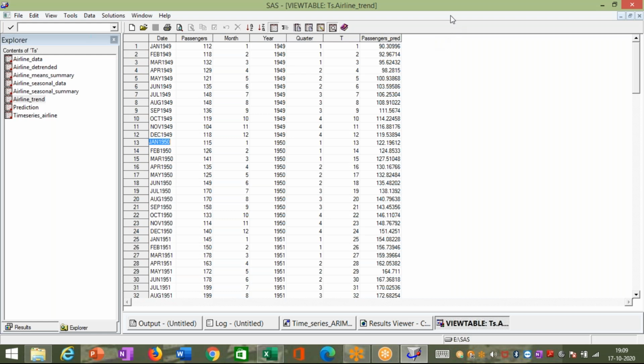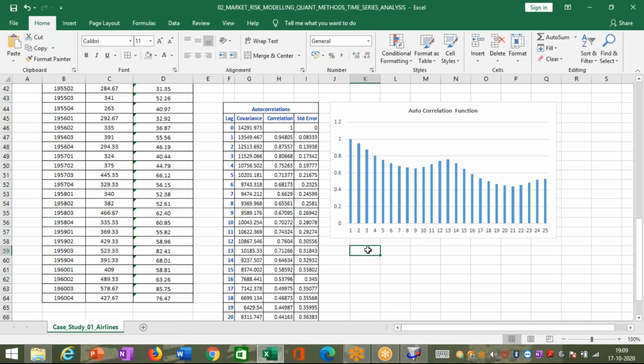Padmini has a question over here: can it not understand the date? Yes, it can understand the date, it can read the date. But what we are trying to do is estimate a relationship between the time point and the passengers. So I'm trying to write a regression of the form yt is equal to a plus b dot t, the time point, right?